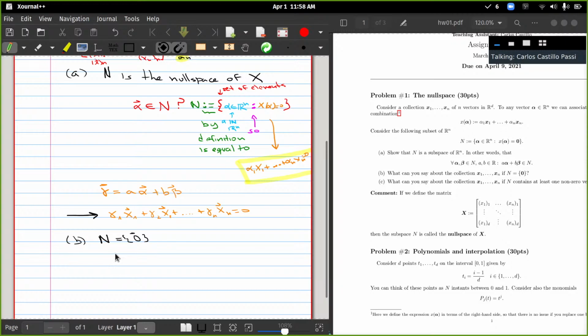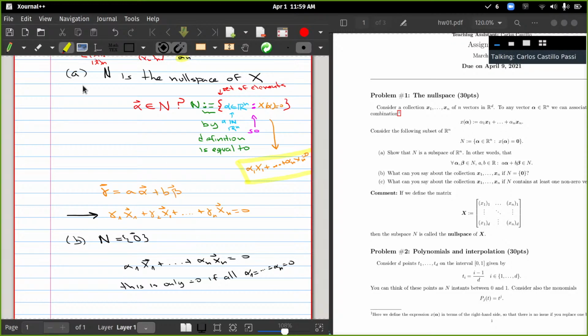Yes. If this matrix only has a trivial solution when you do the kernel, that means that when you have alpha 1 x1 plus dot dot dot alpha n xn, this is only equal to 0 if all the alphas are equal to 0.